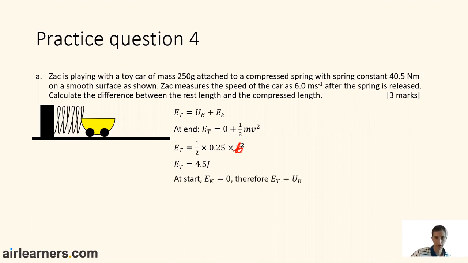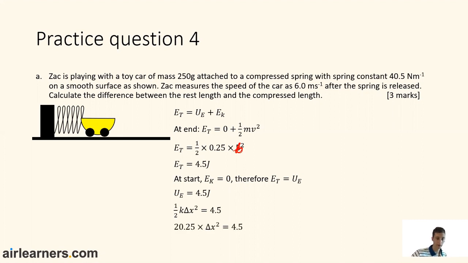So at the start, the kinetic energy is going to be 0, and so the total energy at the start is going to be completely potential energy in the spring. So it's going to equal 4.5 joules. And then we can use this formula to calculate the difference between the rest length and compressed length.